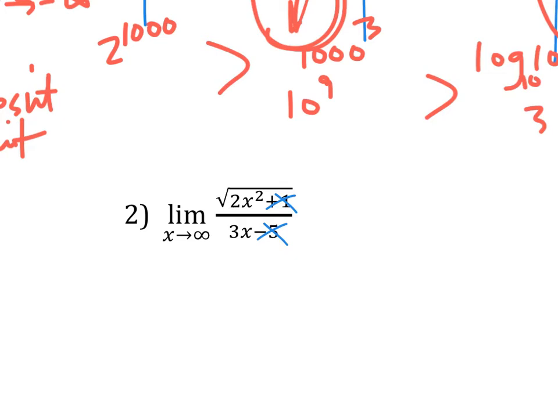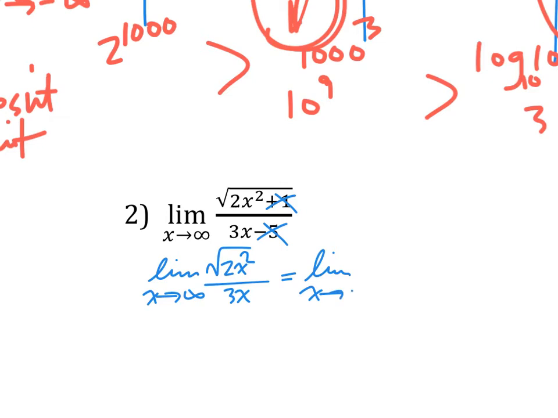So really this limit looks like square root of 2x squared versus 3x. Then you ask yourself, which one is going to be bigger to figure out the limit? Well, this one's a little bit tricky, so here's what I do. I simplify the numerator. So this becomes square root 2 x over 3x.